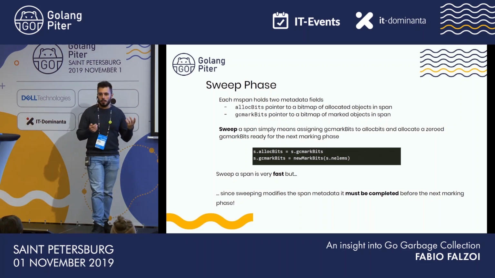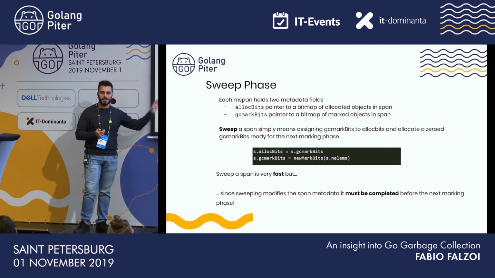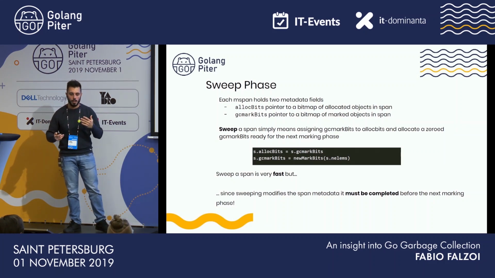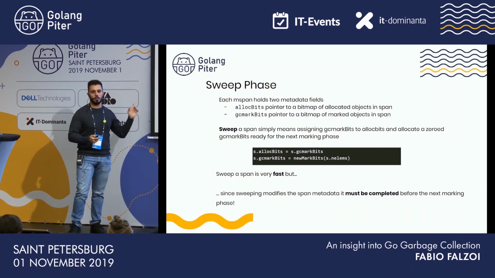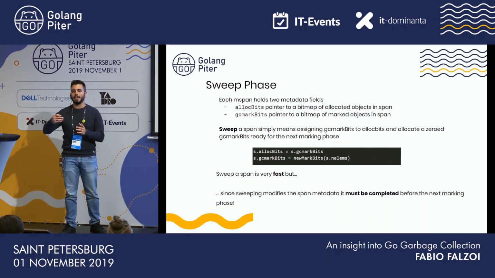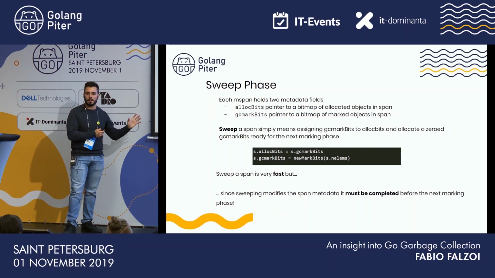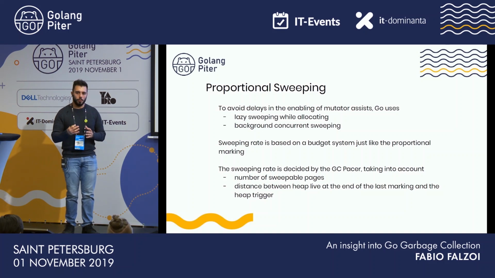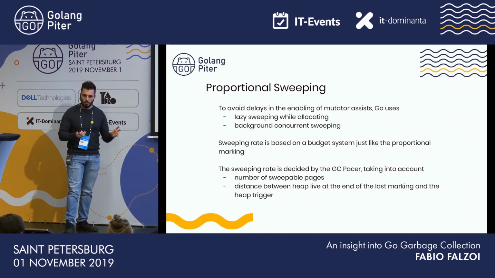So sweep is really fast, but the problem is that the marking phase relies on this data, so we need to sweep all the spans before the next collection can start. If we are late in sweeping all the spans, we will end up delaying the collection, despite the pacing algorithm. So the approach to sweeping for a Go application is similar to that of marking.